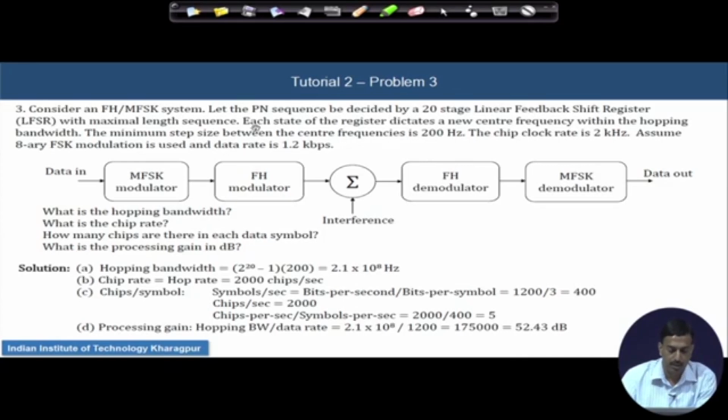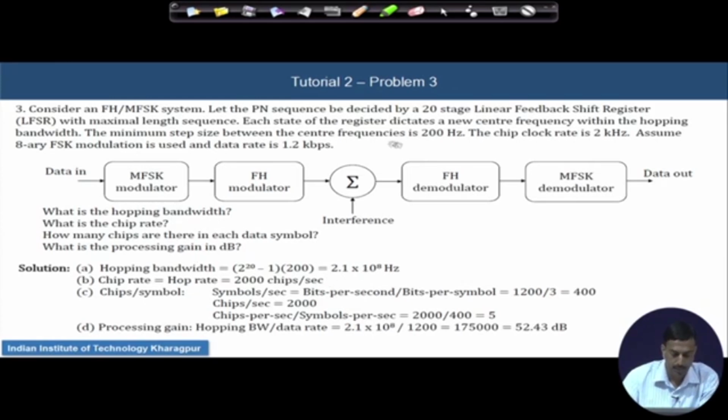So straight away the first part of this problem can be solved: the hopping bandwidth is basically 2 raised to 20 minus 1 times the separation between the center frequencies. So this turns out to be 2.1 times 10 to the power of 8.